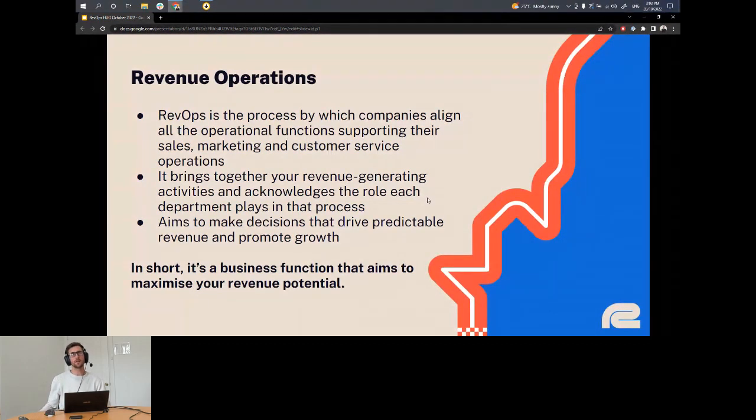So it brings together your revenue generating activities and acknowledges the role that each department plays in that process. So the aim is for your business to make decisions that drive predictable revenue and promote the growth of your business. So in short, it's a business function that aims to maximize your revenue potential.